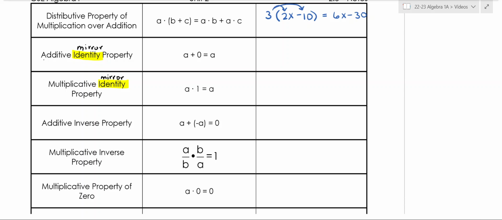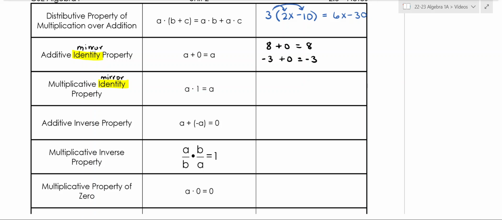So in addition, 0 has an additive identity, because if you add 0 to a number, the number still remains the same. 8 plus 0 is 8. Negative 3 plus 0 is negative 3. So the number stays the same.